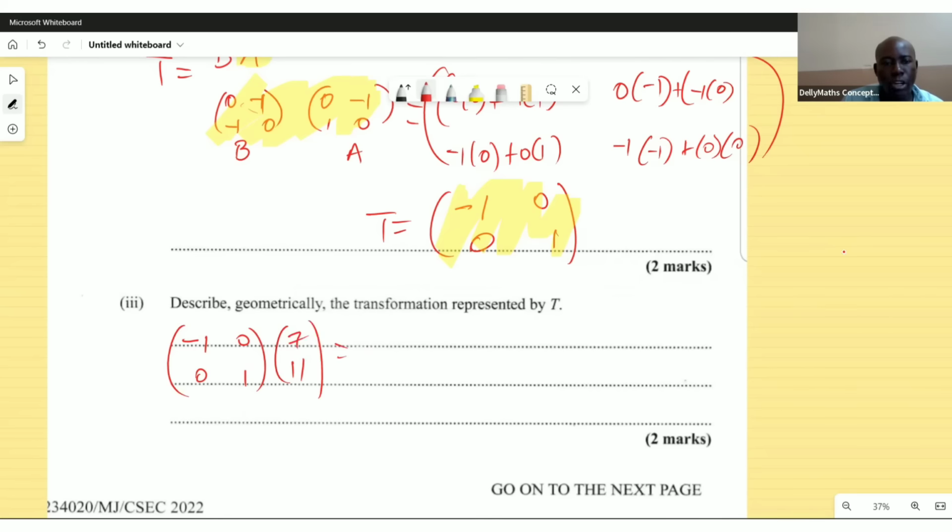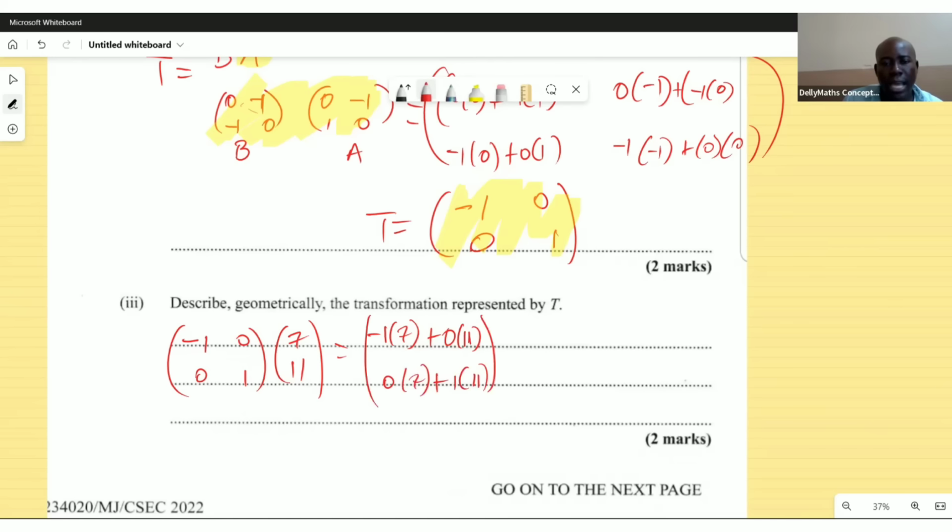If I use 7, 11 now, negative 1 times 7 plus 0 times 11. And then I'll have 0 times 7 plus 1 times 11.